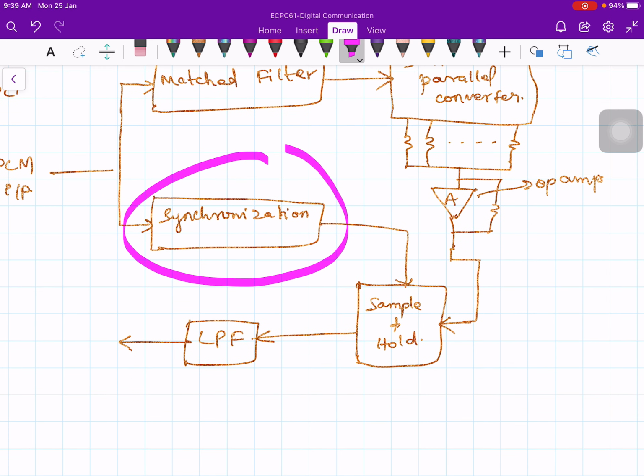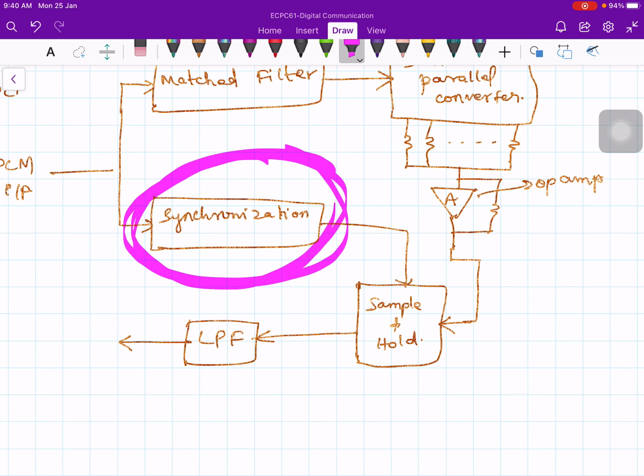In fact, synchronization is there in analog communication also, for example in double sideband suppressed carrier modulation. That kind of synchronization is also needed here, we will see that later. But this synchronization is slightly different from the synchronization that we used in analog communication.